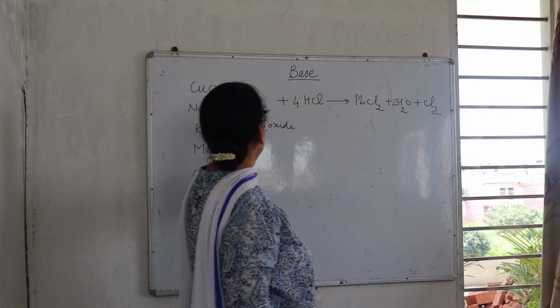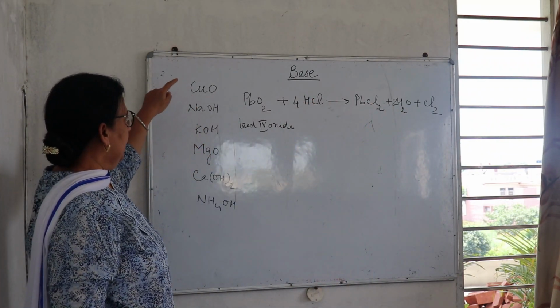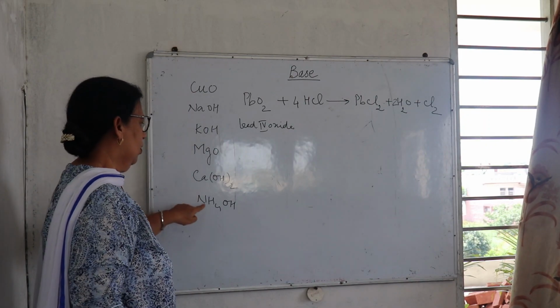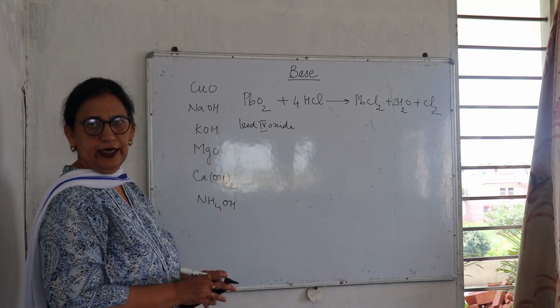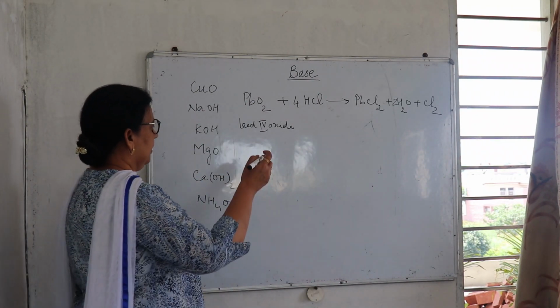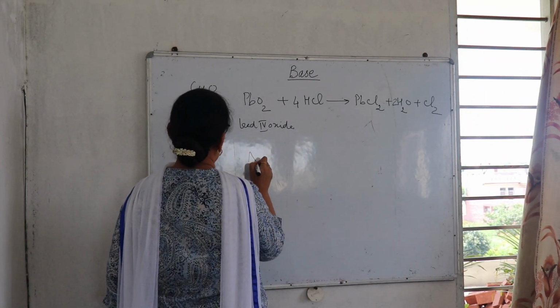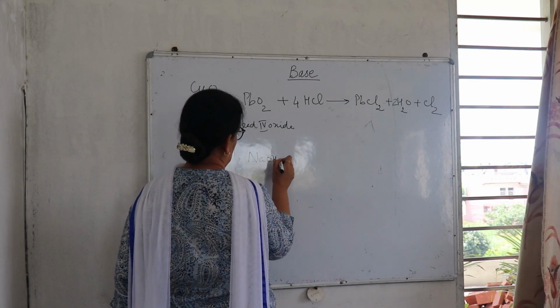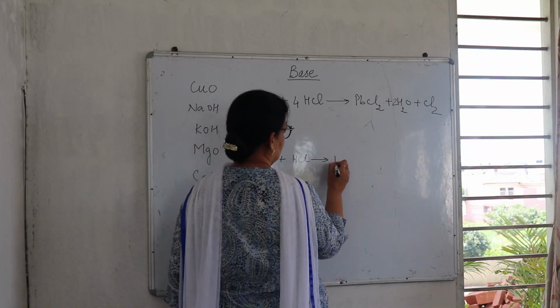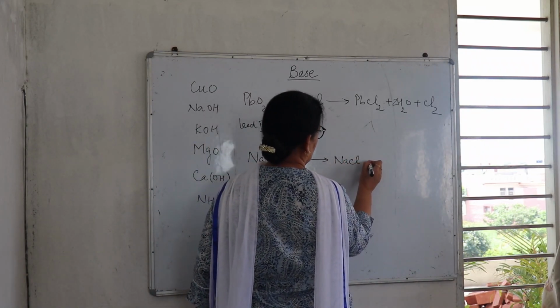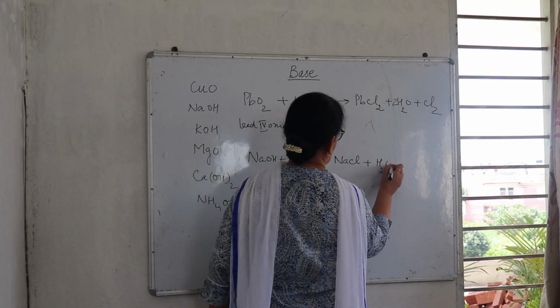So what is a base? A metallic oxide or metallic hydroxide or ammonium hydroxide which reacts with the acid to form salt and water. Like NaOH plus HCl gives NaCl plus water.